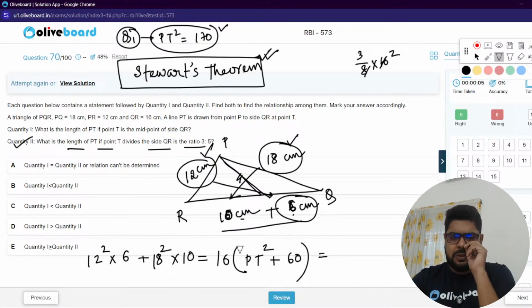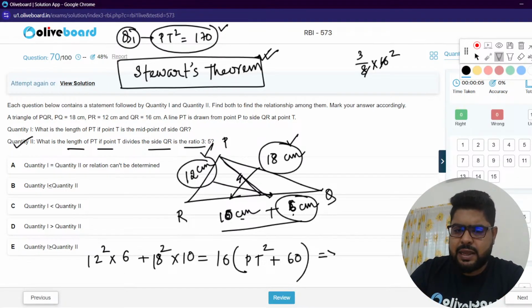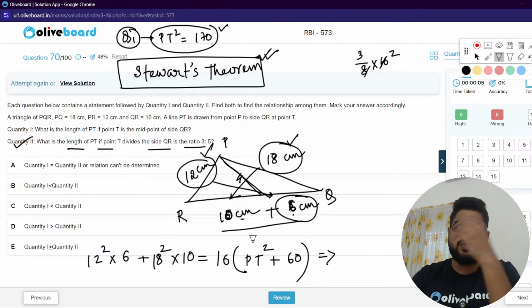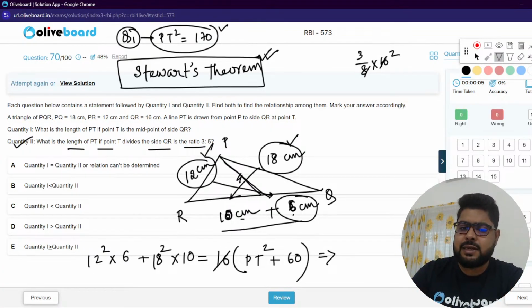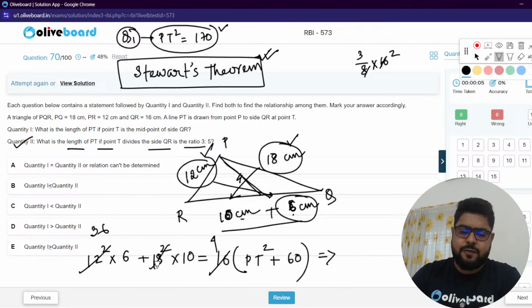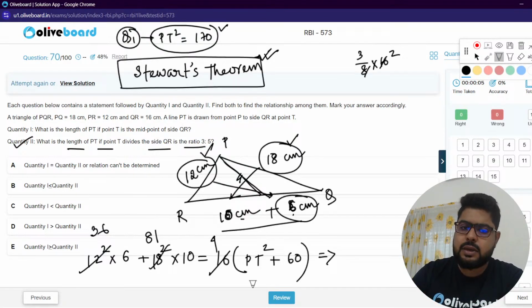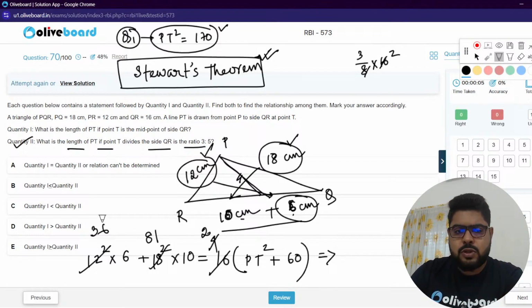Let's do the calculation slowly, not in a hurry. I can cancel 4: this is 36, and 18 with 2 gives 9, so 81. Again I can cancel, so this is 18, this is 5.